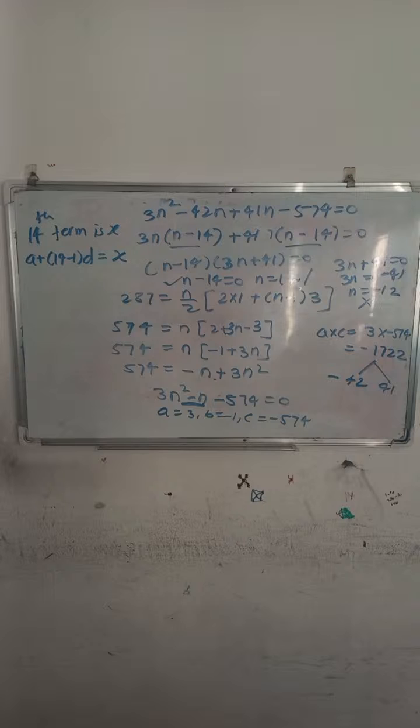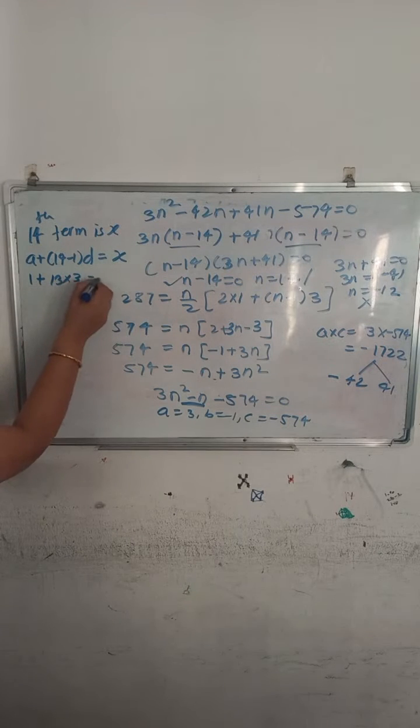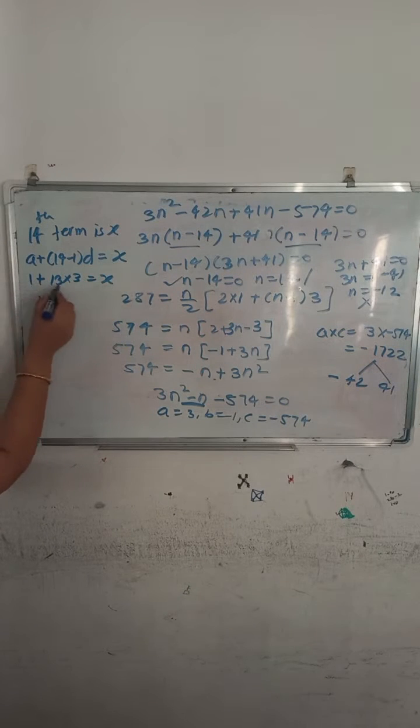We know the first term, that is 1, plus 13 d. D we got as how much here in this equation? D we had as 3. Okay, is equal to x. So 13 3s are 39 plus 1, 40. So x is nothing but how much here? 40. Okay, so this is the expected answer.